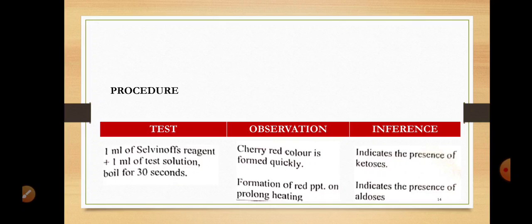So that is, aldose is present. If there is a cherry red color formation quickly, it indicates the presence of ketoses. If the red PPT is formed on prolonged heating, it indicates the presence of aldoses. Here I have just shown the color formed in that particular reaction for your clear-cut understanding.